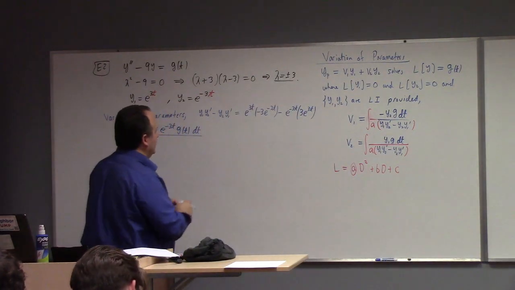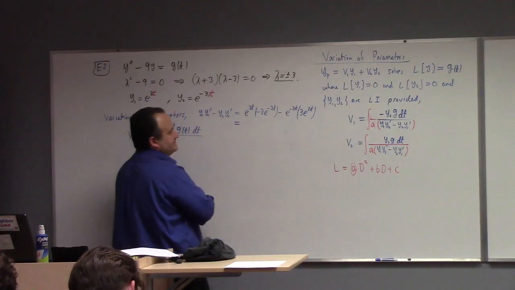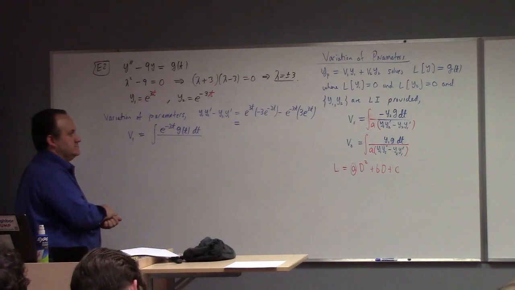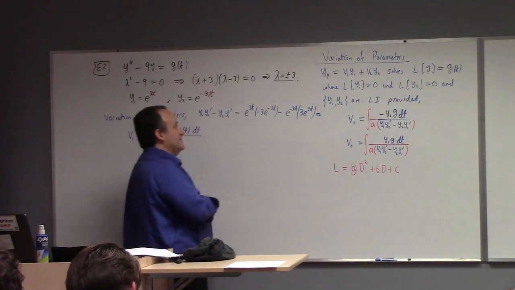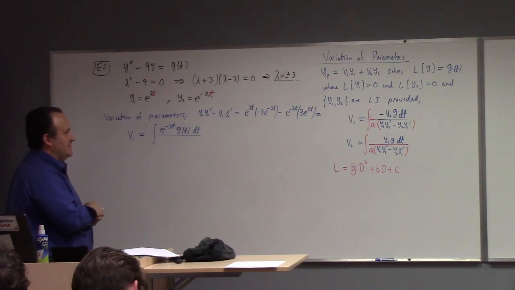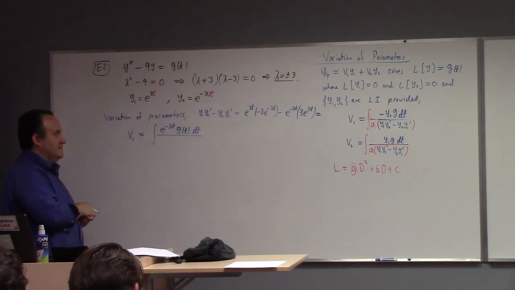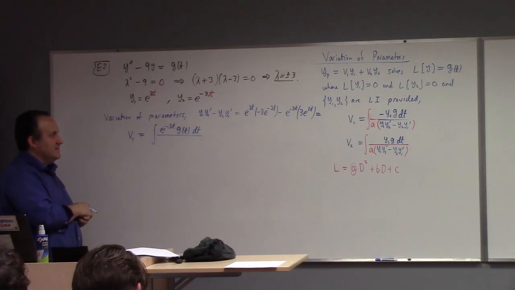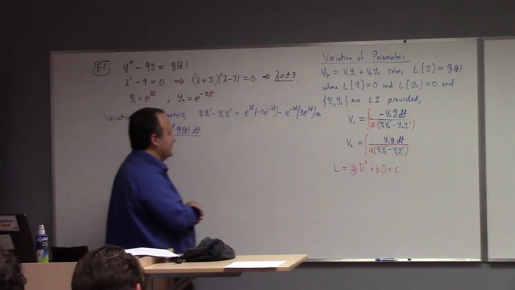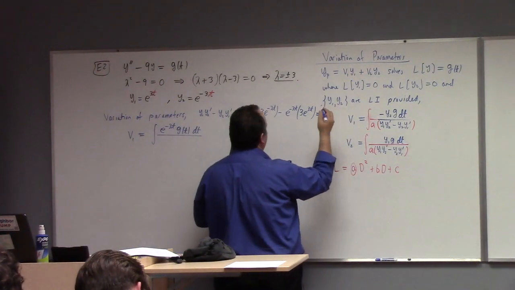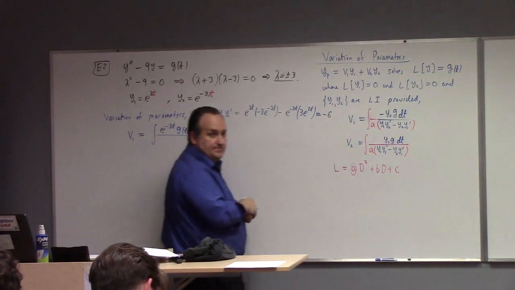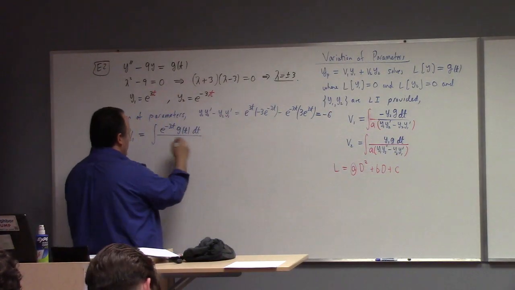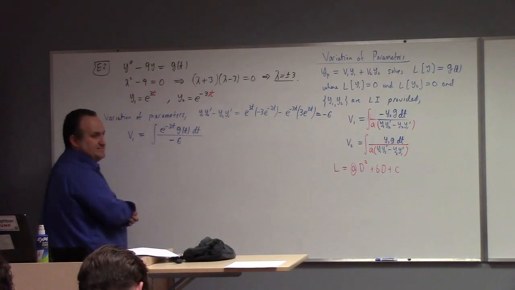Hey, look at that. What happens when e to the 3t and e to the minus 3t meet on the sidewalk? They go to e to the 0, which is 1, yeah. But you've got a minus 3 and a minus 3, so minus 6, right? So lo and behold, minus 6 is the denominator here.